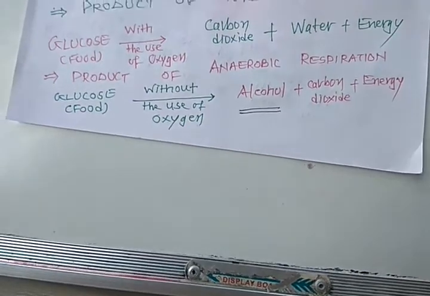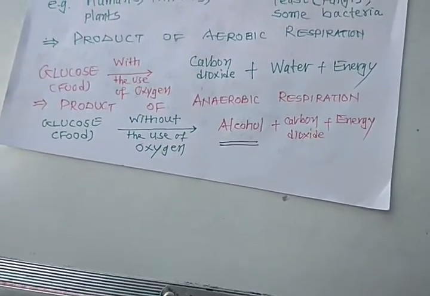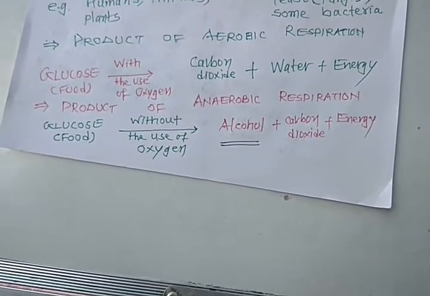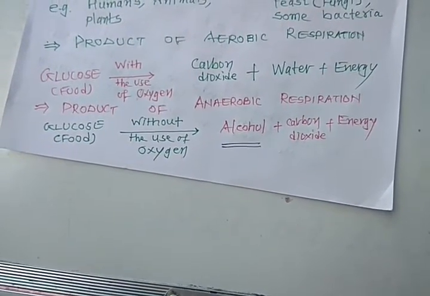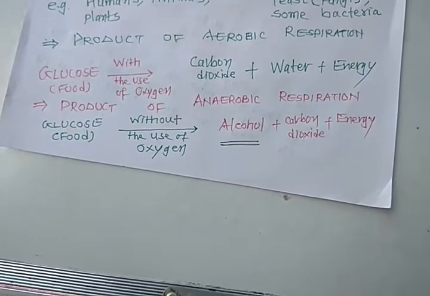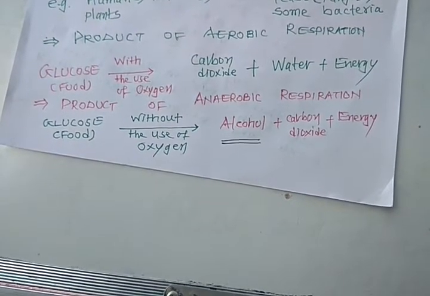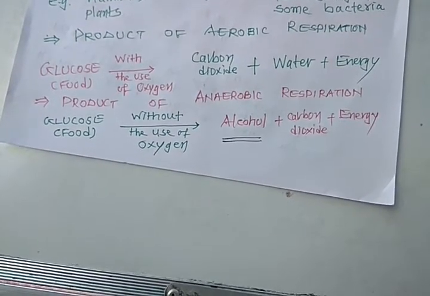Students, so what is the difference between aerobic respiration and anaerobic respiration? In aerobic respiration, oxygen is present and carbon dioxide plus water is produced.